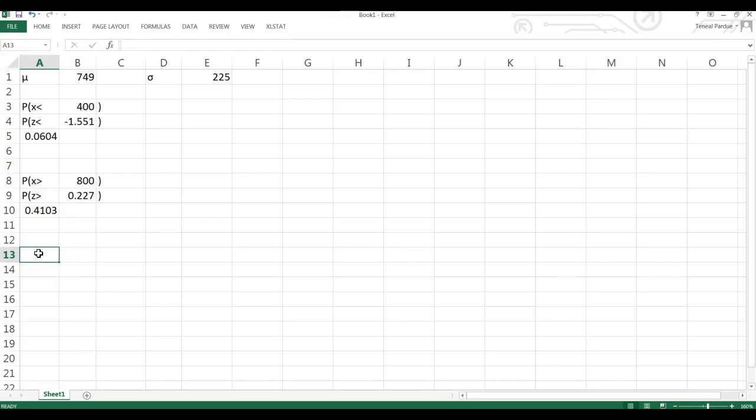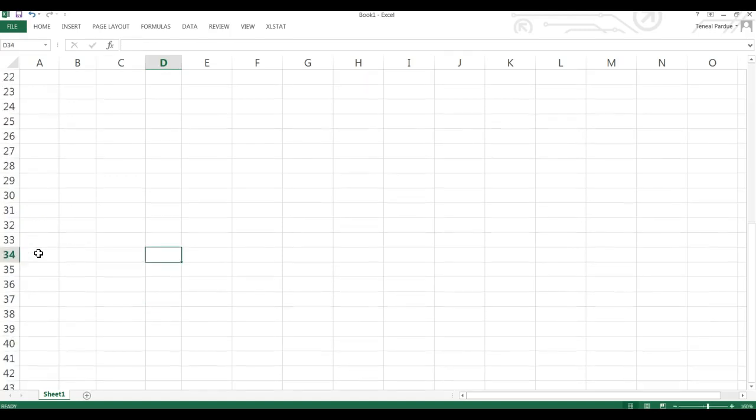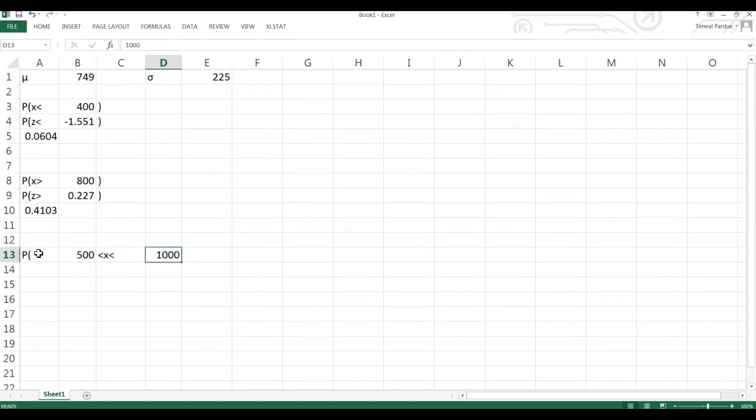Part C says the probability that the family's expenses will be between 500 and 1,000. So the probability that X is between 500 and 1,000. So I'm just gonna convert.